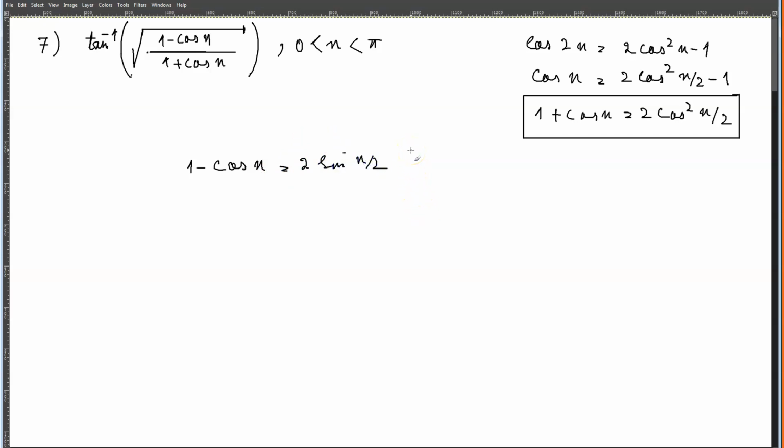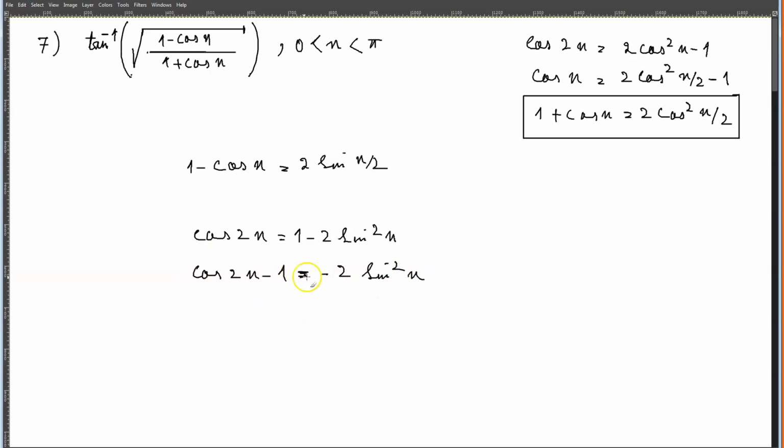And the reason for that is that you have cos of 2x is equal to 1 minus 2 times sine squared x. If I take this 1 to the other side, I'll have cos of 2x minus 1 is equal to negative 2 times sine squared x.